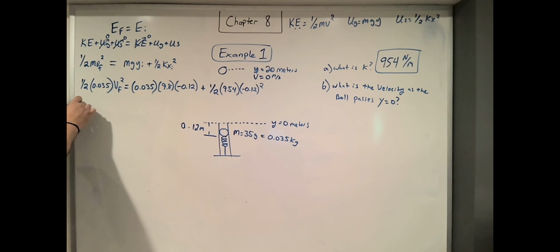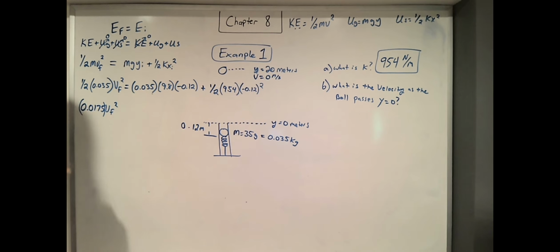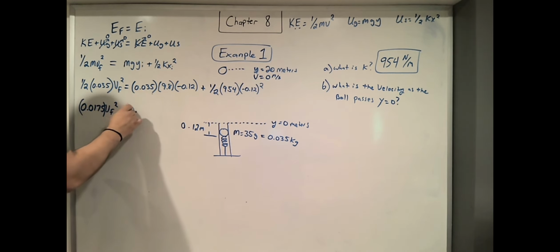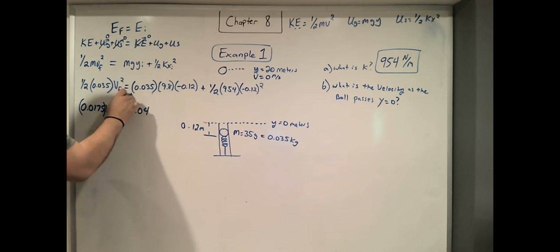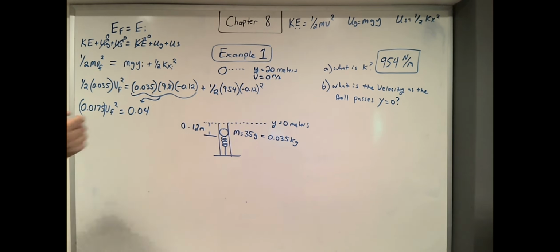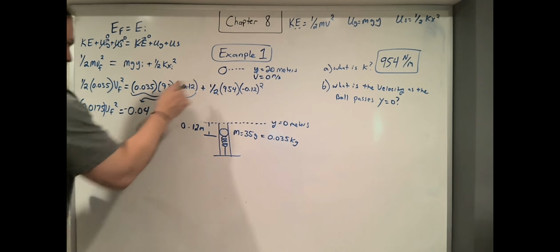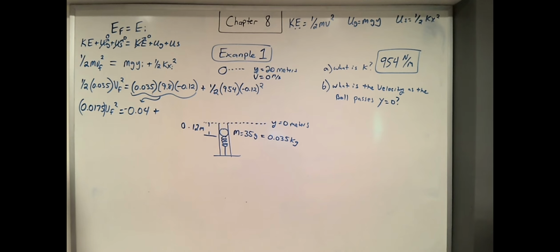That'll narrow us down to 0.0175 v final squared. That's equal to 0.04, same number as before, negative. And then we have to add in this new one. So we've got 0.5 times our spring constant, 954, times this negative 0.12 squared.